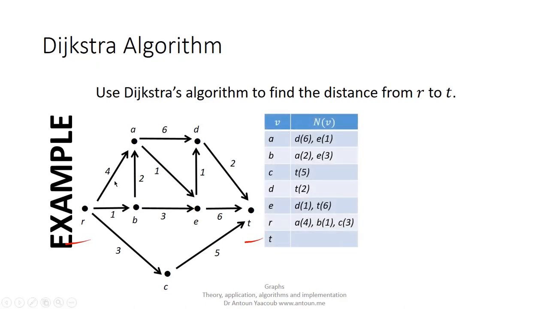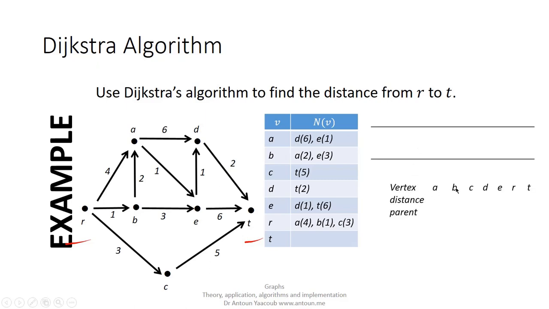A, for example, has 2 outgoing edges, D and E. D has distance 6, so we append the 6 because it's more convenient. I will be using a priority queue, and we have 3 lists: vertex, distance, and parent. Those are the vertices, and the distances at the beginning are all -1.